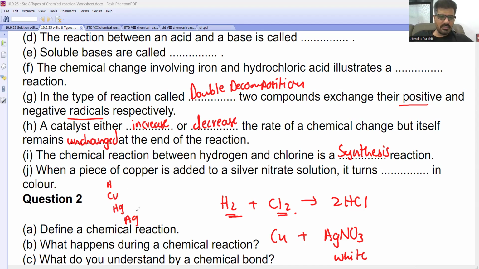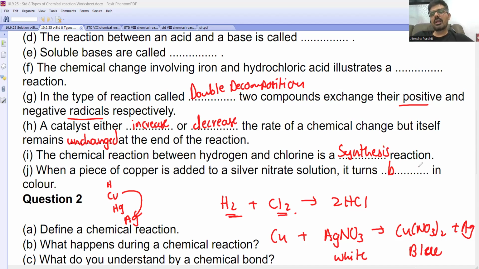Copper can displace silver, and we will get copper nitrate. Copper salts are generally which color? Blue. And silver is deposited. So it turns blue in color. Then, beta, we go to the next one.